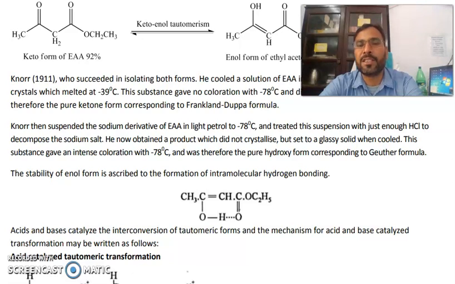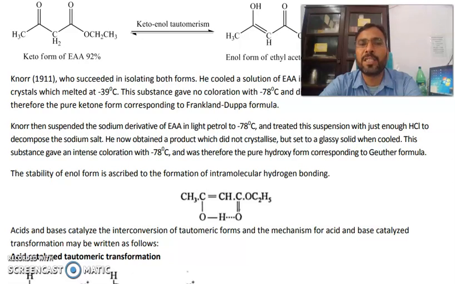and this substance gave no coloration with ferric chloride and did not combine with bromine, and was therefore the pure ketone form corresponding to the Frankland-Duppa formula. Knorr suspended the sodium derivative of ethyl acetoacetate in light petrol at minus 78 degrees Celsius and treated this suspension with just enough HCl to decompose the sodium salt.